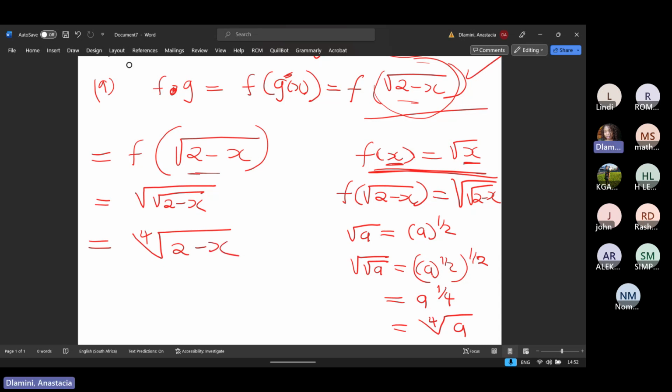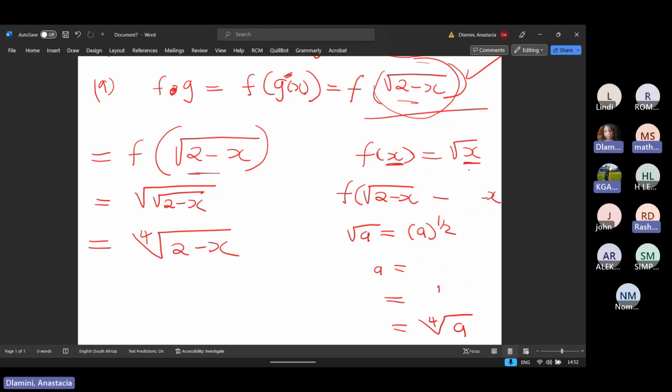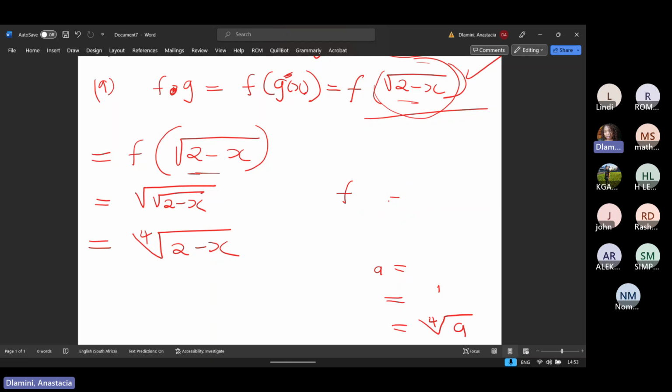We sorted now, right? Yes, ma'am. Now let's find the domain, guys. 2 minus x must be greater than or equal to 0.